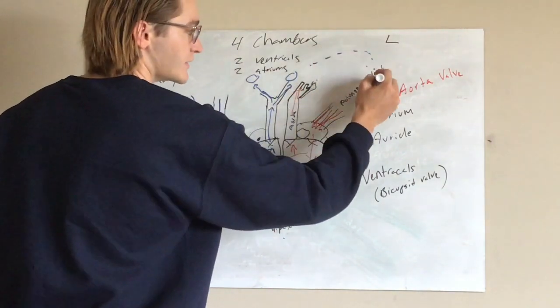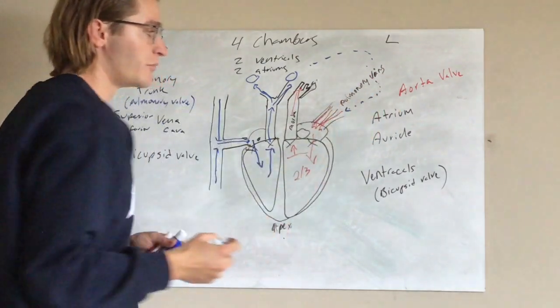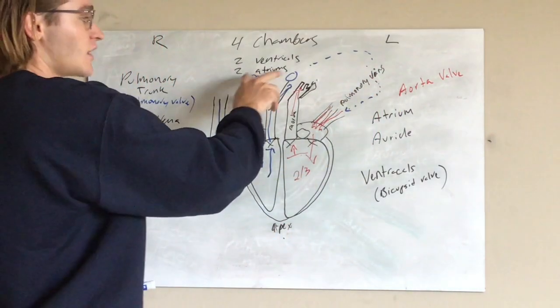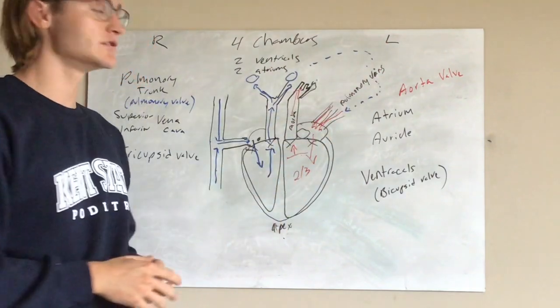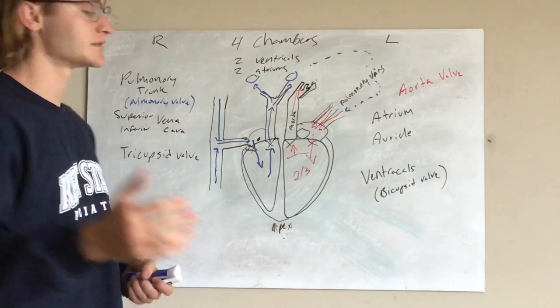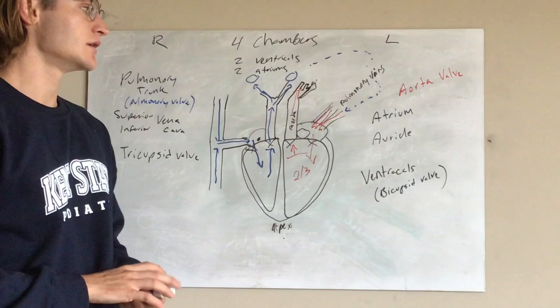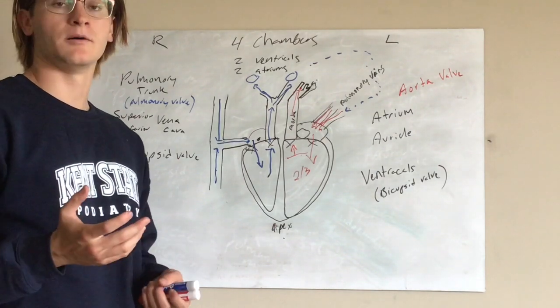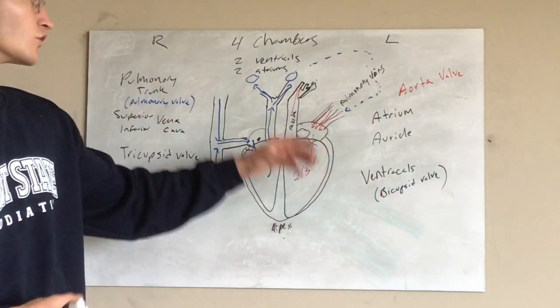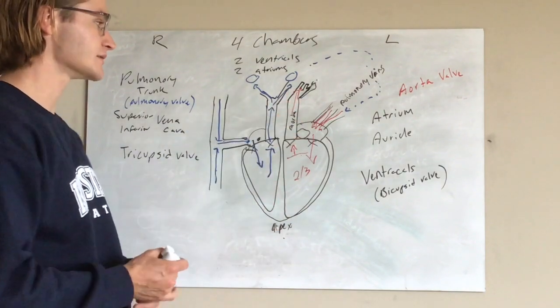And then guess where it's going to end up? After it gets oxygenated in the lungs, it's going to go into the pulmonary veins, and it's going to be pumped right into the left atrium and left auricle. It's going to be a repeated process.